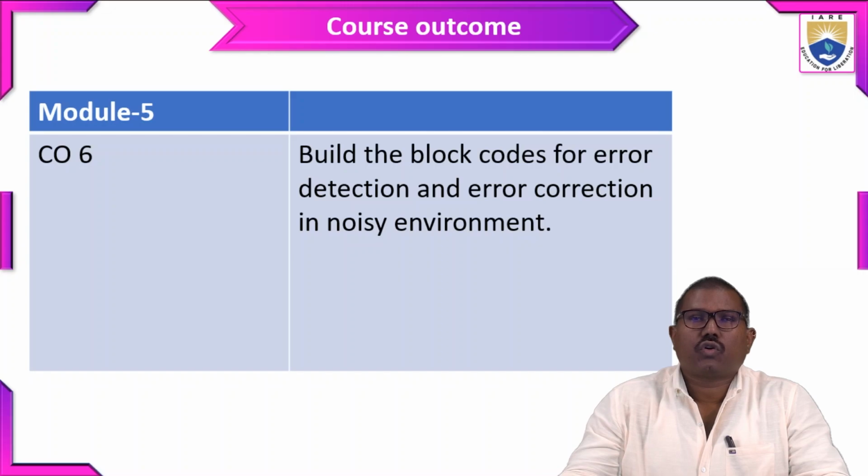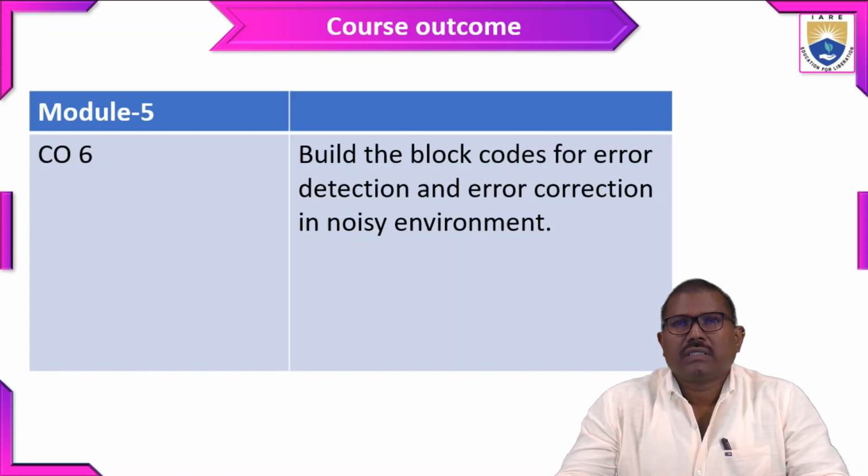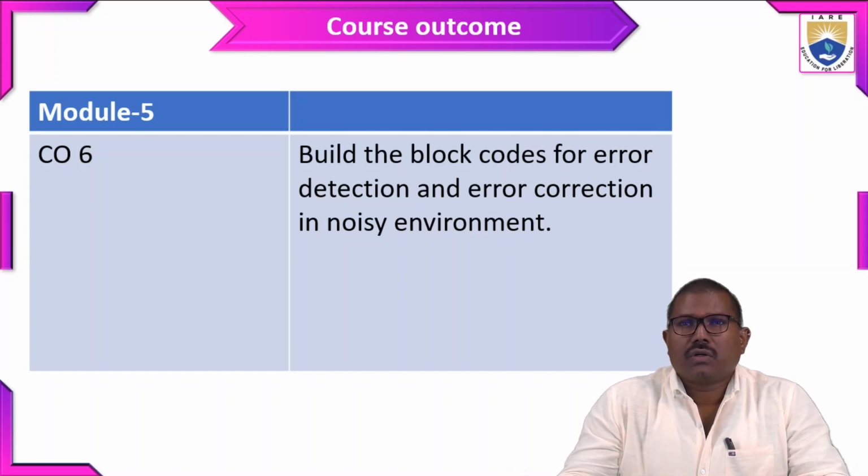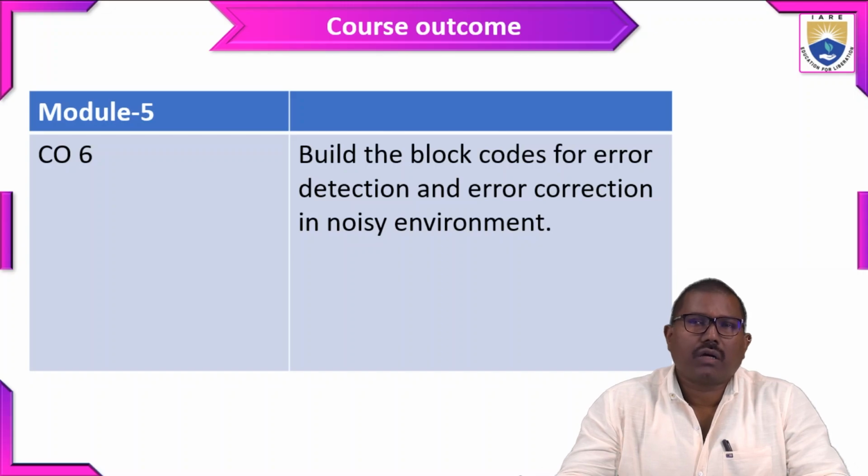Coming to the course outcome, block codes are covered by module 5, and module 5 is covered by course outcome 6. So what does the 6th course outcome say? Build the block codes for error detection and error correction in noisy environment. So here we are going to build the block codes.